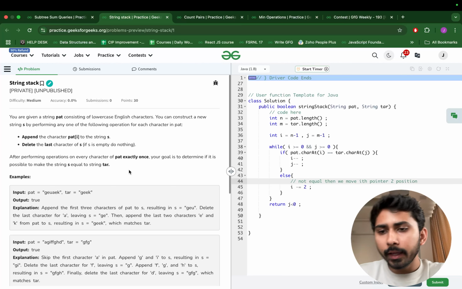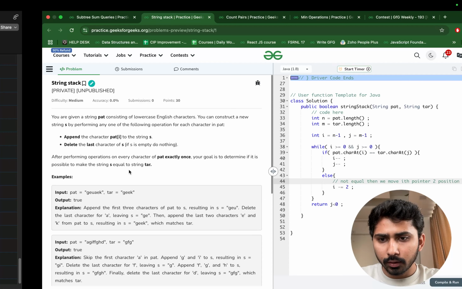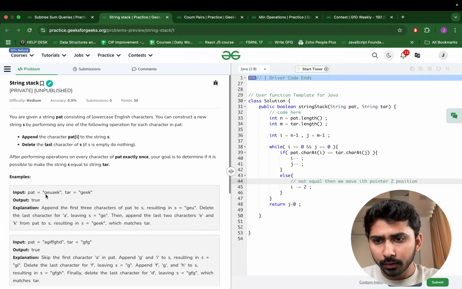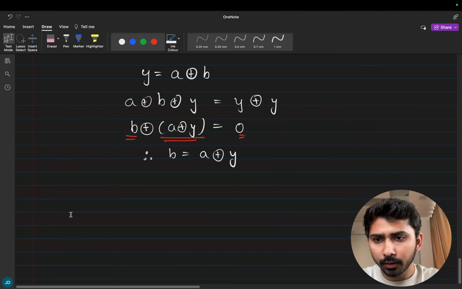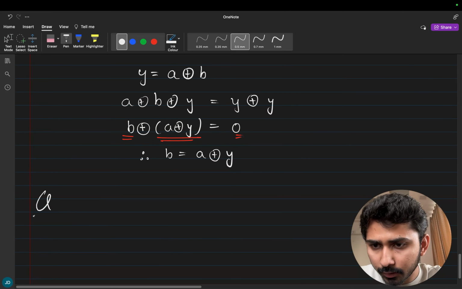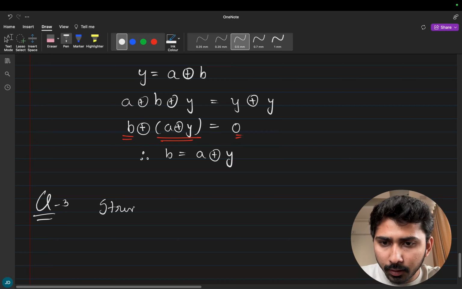So I'll take the first example and understand. This is a very easy question. Let's see the first example of this question number 3, named string stack.